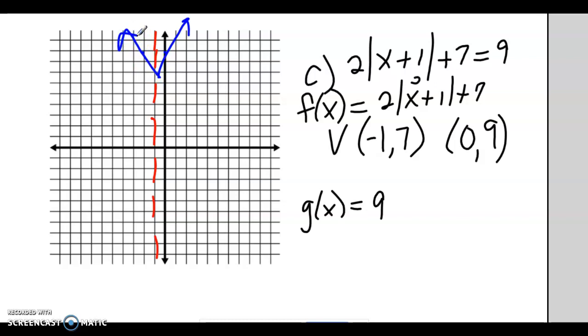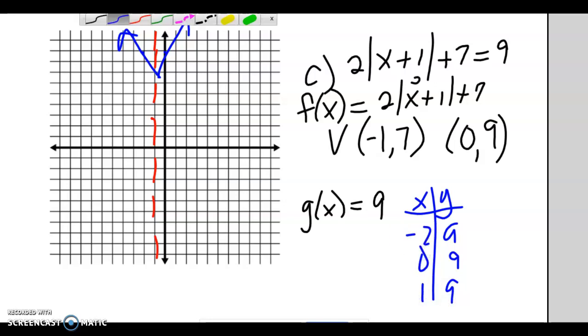Okay, so then I'm going to graph the g of x equals 9. So I have a t-chart. Any value I use for x, I'm going to get 9 as the y value. So negative 2, 0, 1. Y will always be 9, which is right up here, isn't it? Then I identify my points of intersection.